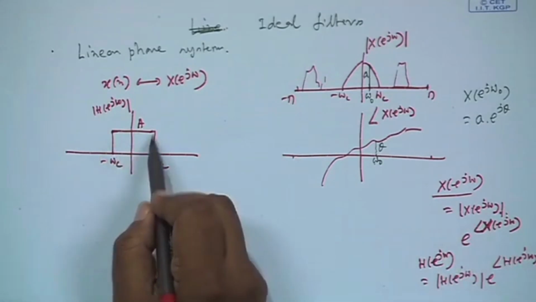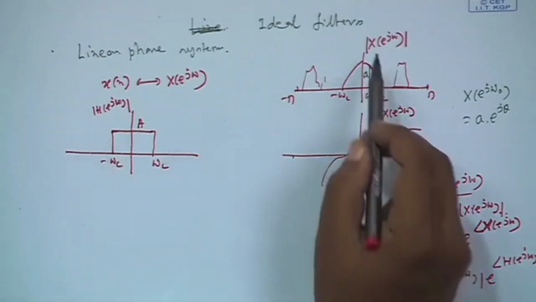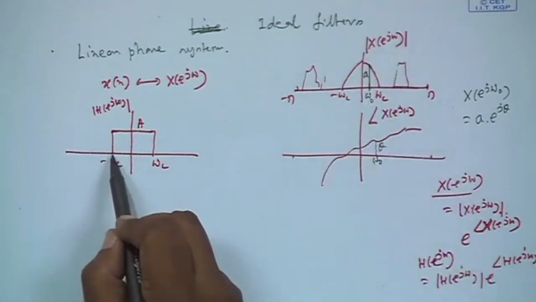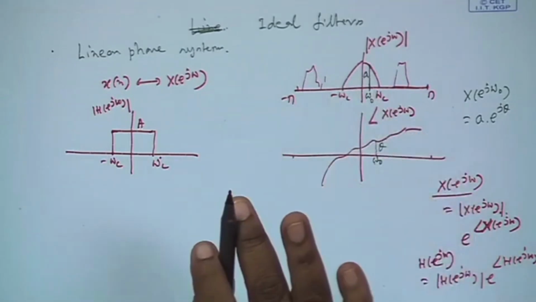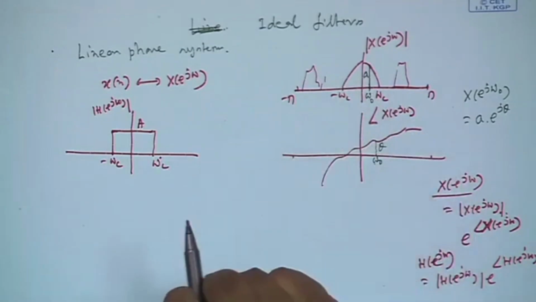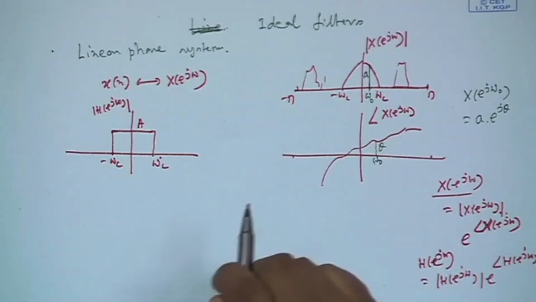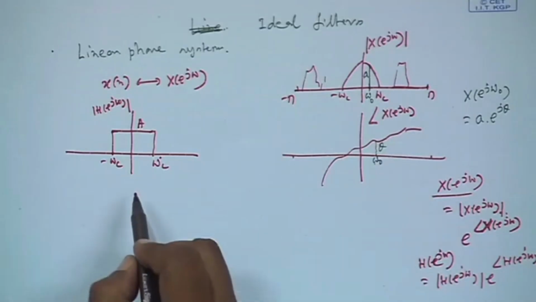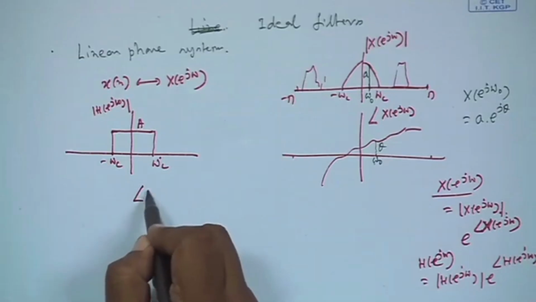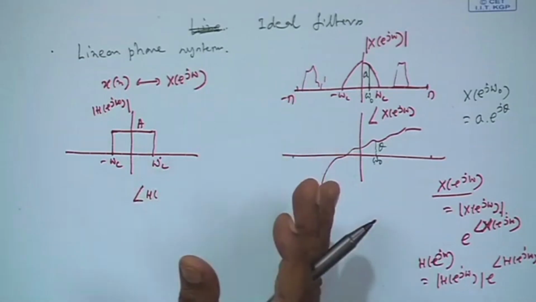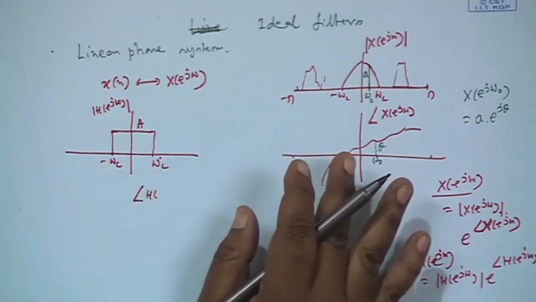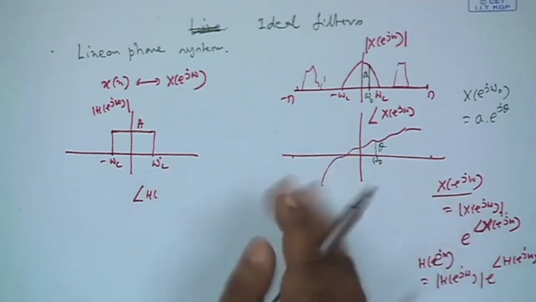Magnitude response is constant. So, mod x e to the power j omega into a within this band. So, it will be a times this. So, shape will be constant, shape will not change. Phase, question is what is the phase? Our claim is this angle for perfect reconstruction, that is for output to be same as input, maybe with a delay, but otherwise same as input.